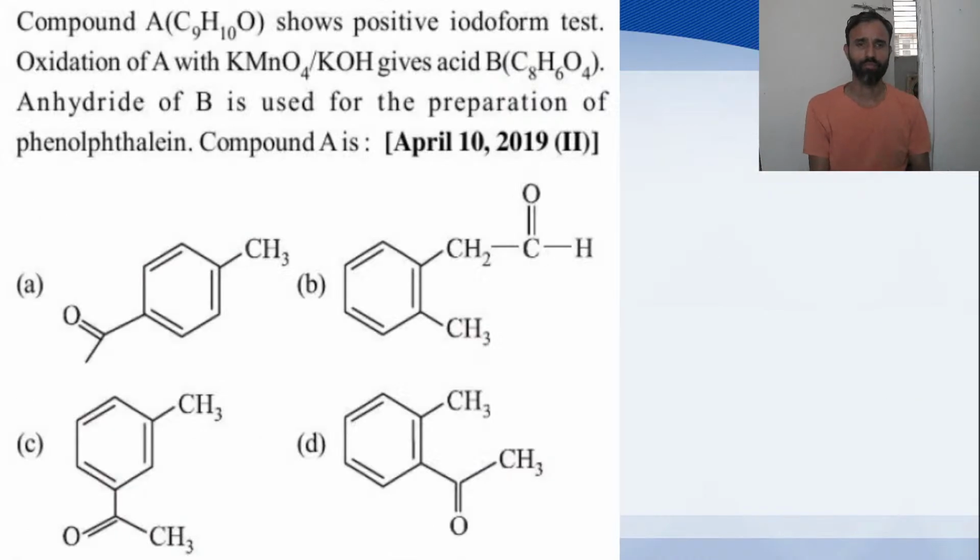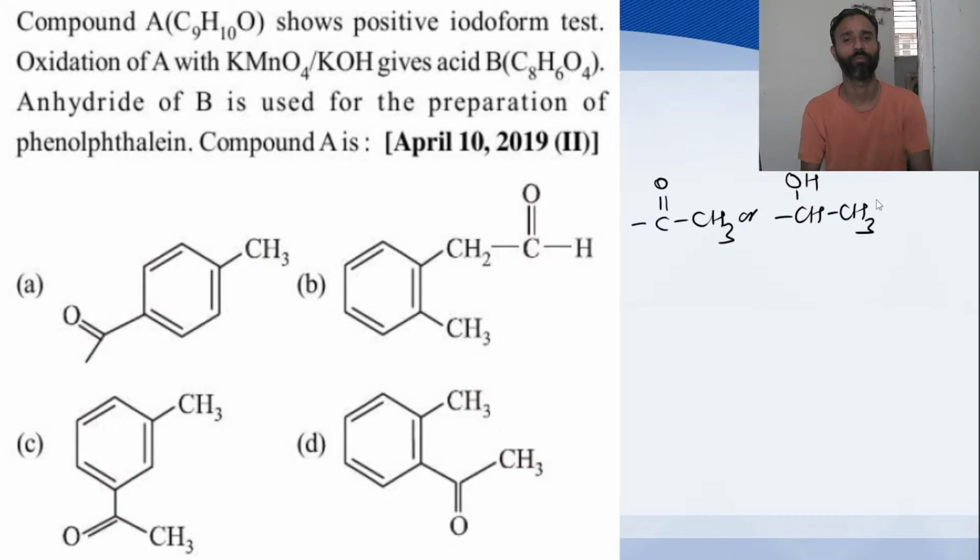Next question. Compound A, C9H10O, shows positive iodoform test. So positive iodoform test is shown by those compounds having COCH3 group or CHOH CH3 group.